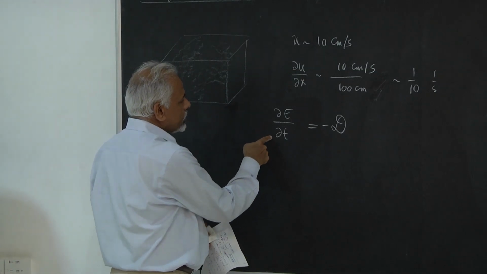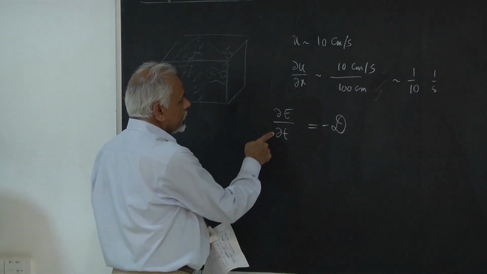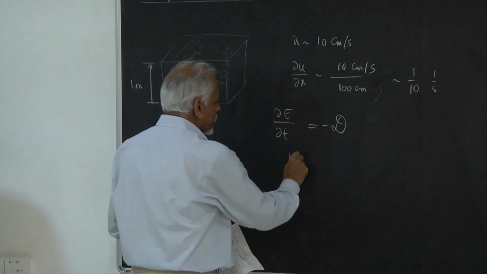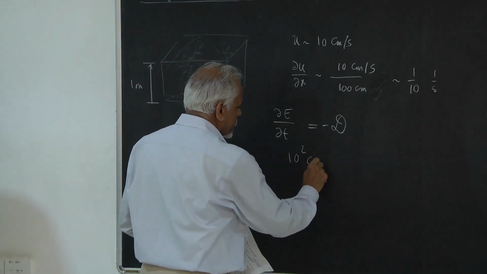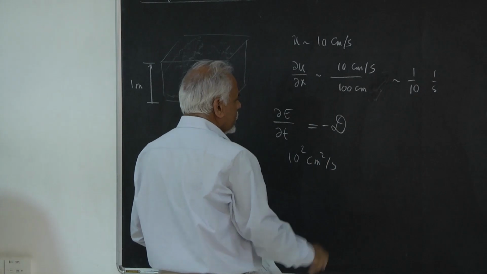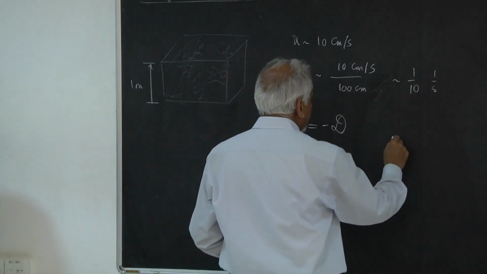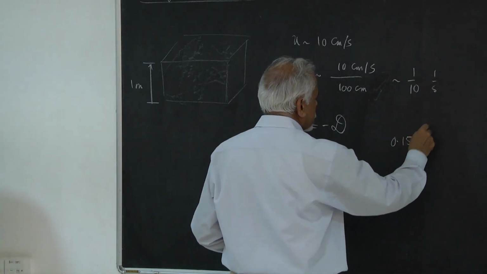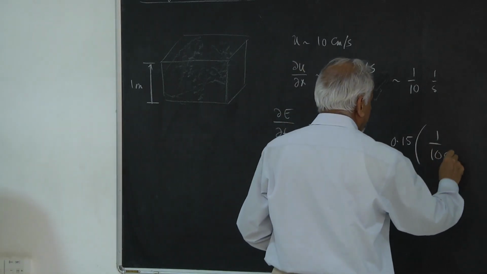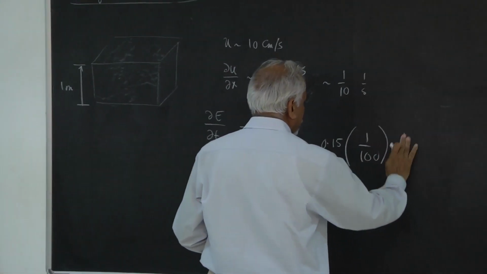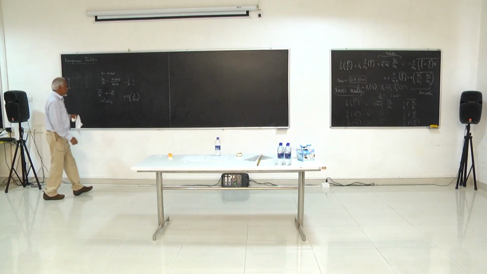I want to get an estimate for the energy here, which is 100 centimeters squared per second squared, and the dissipation will be, nu is 0.15, assuming that to be air. I have this, whatever units it turns out.